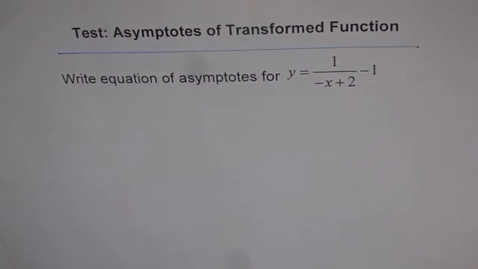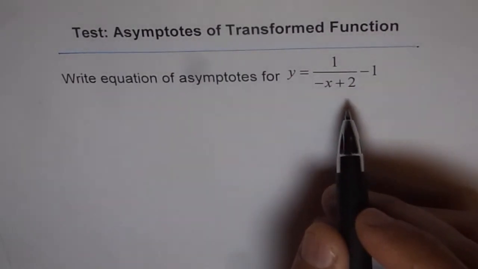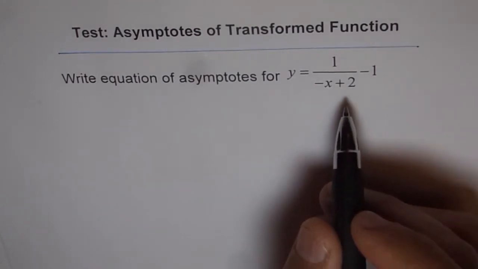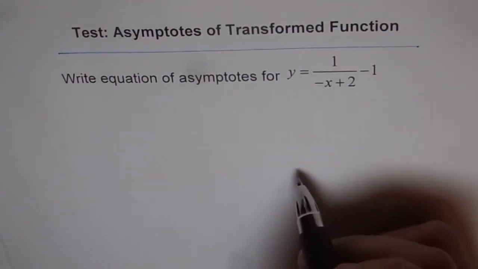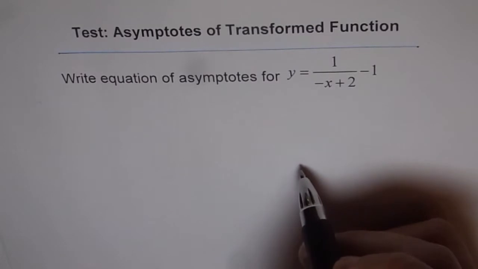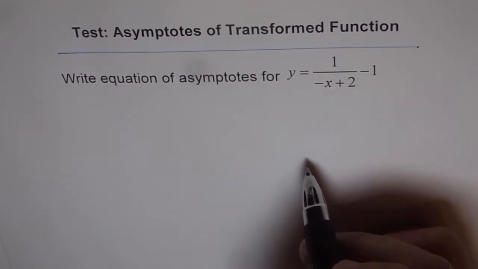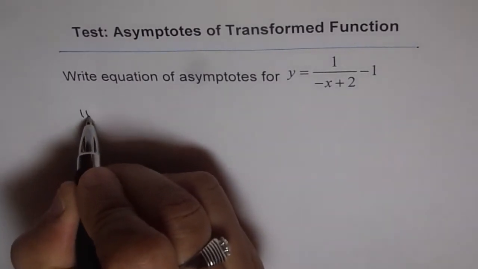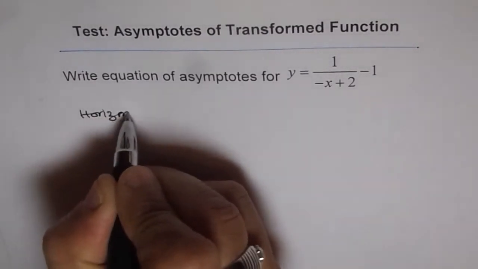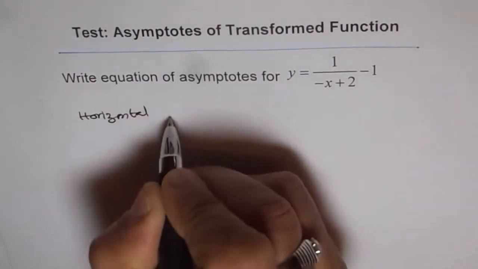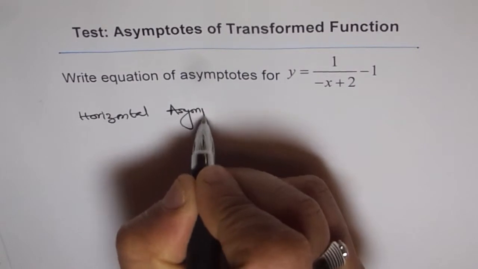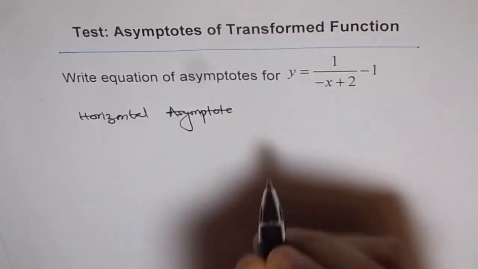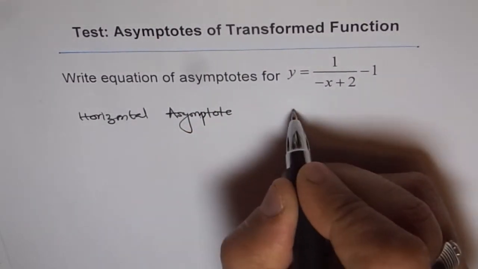Now, these kinds of functions, which we can say are transformed reciprocal or rational functions, have two kinds of asymptotes. As you know, one is horizontal asymptote, and the other one is vertical asymptote.